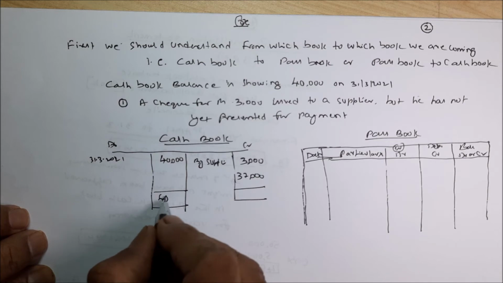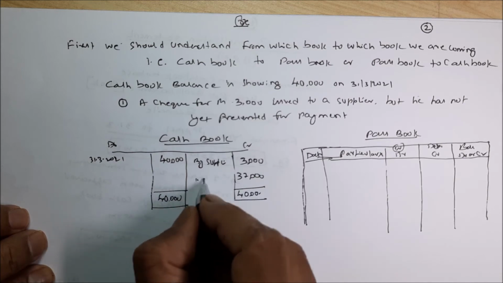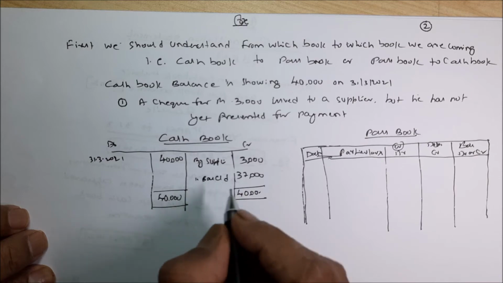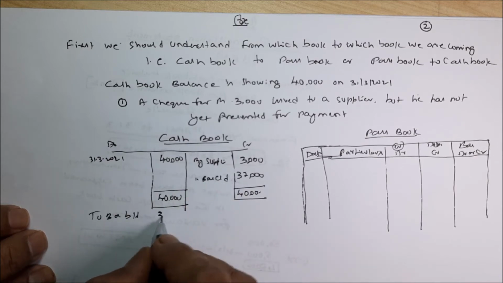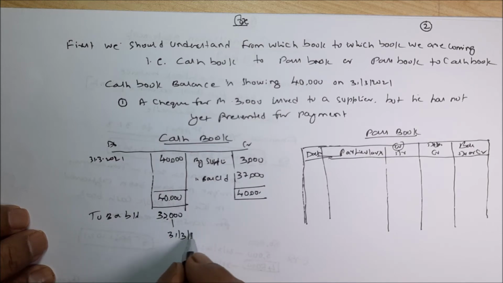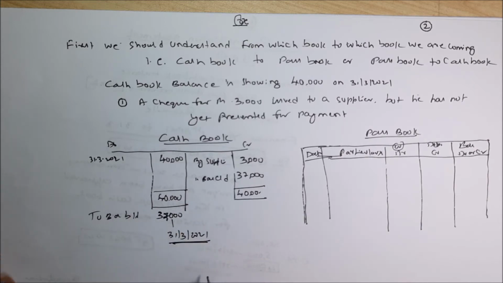So 40,000 is the total, and the balance brought down is 37,000 on 31/3/2021, because when I issue the check, I assume that he has taken the amount.